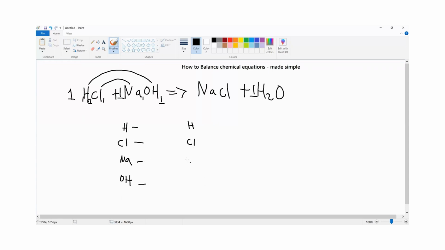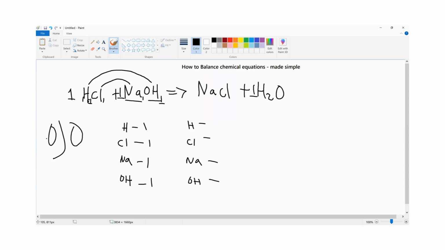But just to show you, let's do HCl, HCl. We have 1 hydrogen, we have 1 chlorine, we have 1 sodium, and 1 hydroxide.